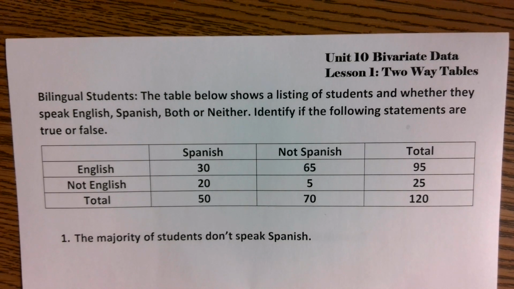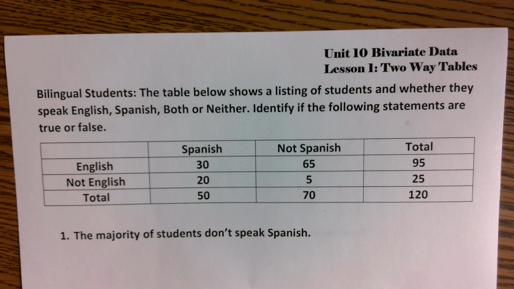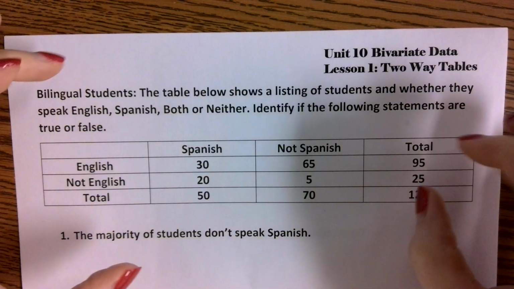We're going to begin first with some two-way tables where it's describing different groups that have the possibility of an overlap or no overlap. You guys probably tend to see them in Venn diagrams, especially in social studies, where you have two circles or maybe three circles.